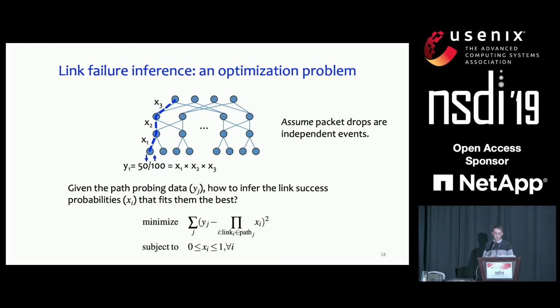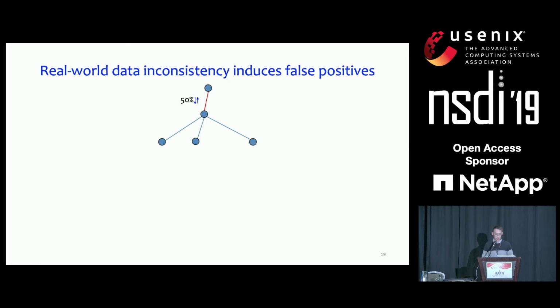However, simply solving this problem produces many misreportings, especially false positives. Next, I will show you one reason as well as our solutions. In real-world workloads, there are data inconsistencies which lead to false positives. Here is a simplified example. Suppose we have this link which drops half of its packets.